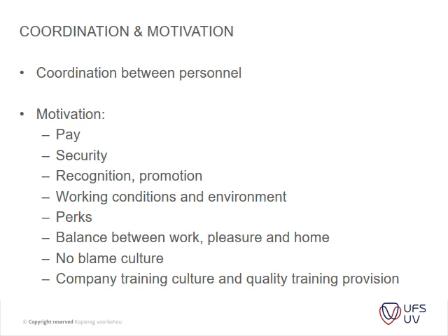Coordination and motivation: motivation rules you should highlight and know about as well. Coordinate between personnel, and motivation covers items like pay, security, recognition, promotion, no blame culture, company training, and so on. This relates to the atmosphere within the company.